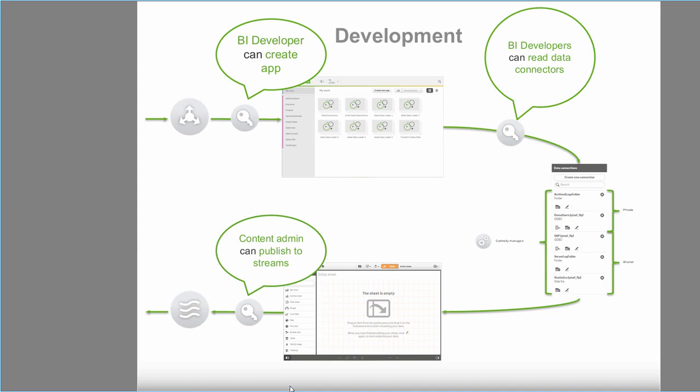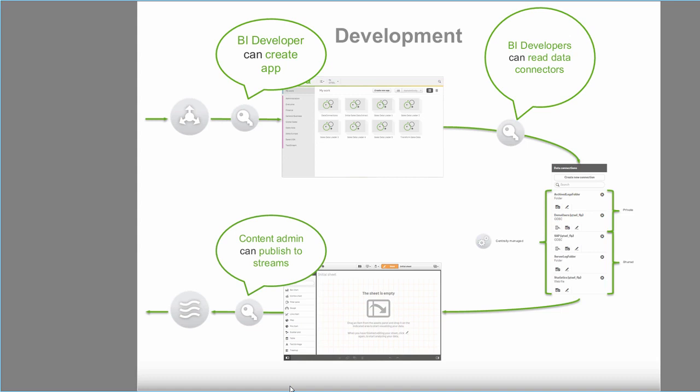Their job is to author, but once those apps are authored, they don't really have access to consume that information. They have the ability to do things like read data connectors because they're going to be loading data into Qlik Sense applications.